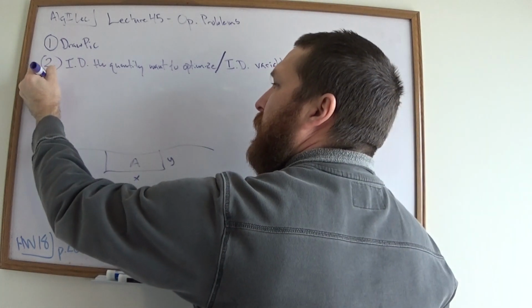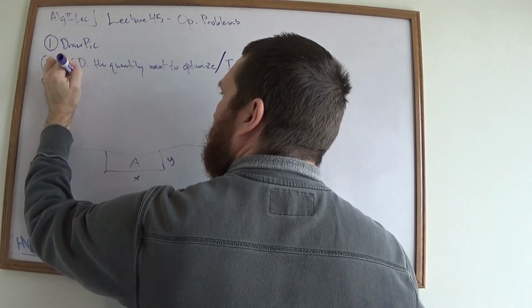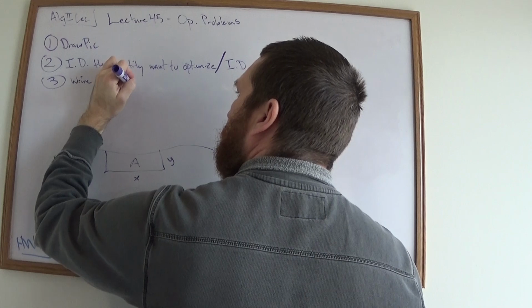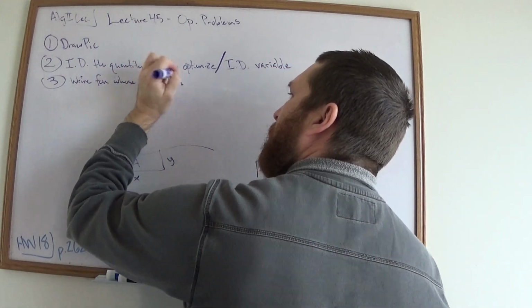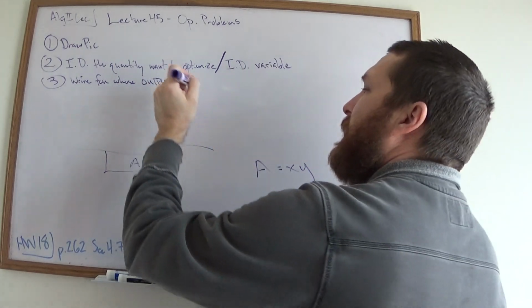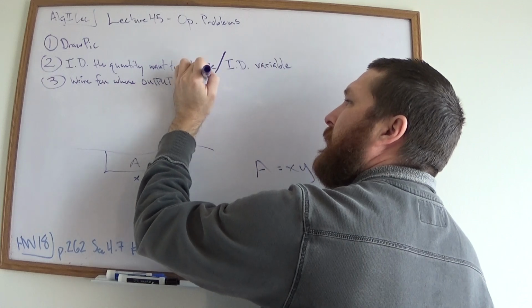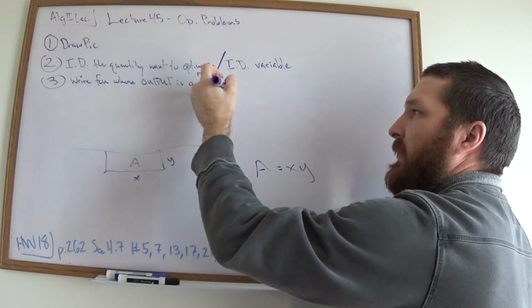Okay, so 3. The third step was write a function whose output is the quantity. The quantity that you want to optimize, this quantity that we're talking about.